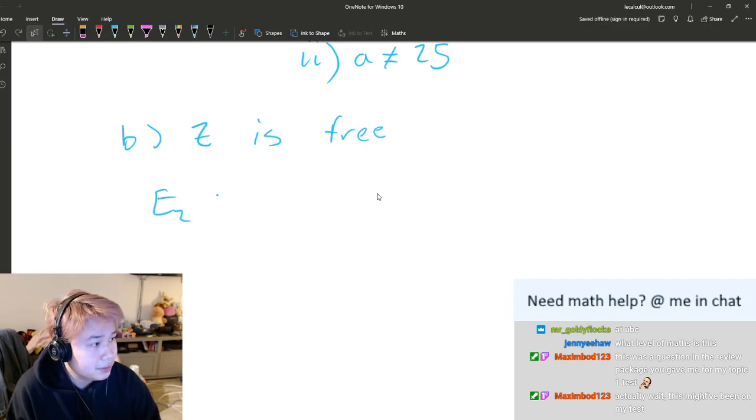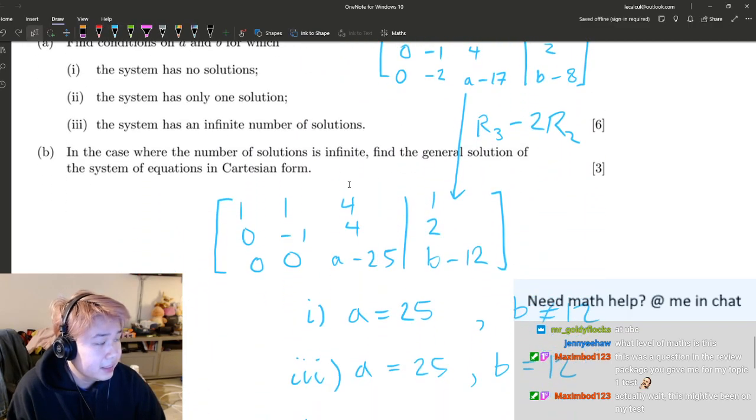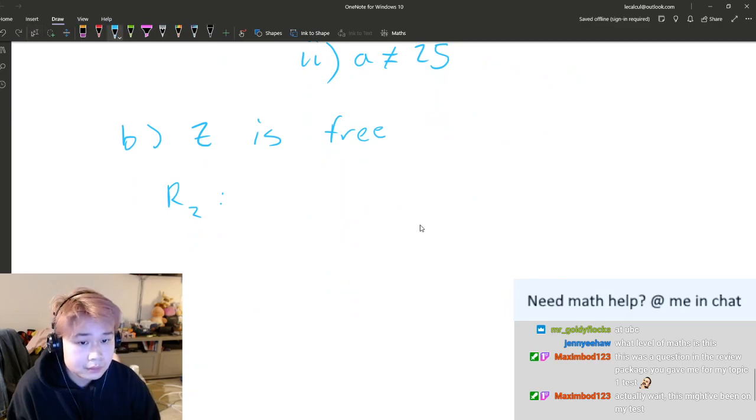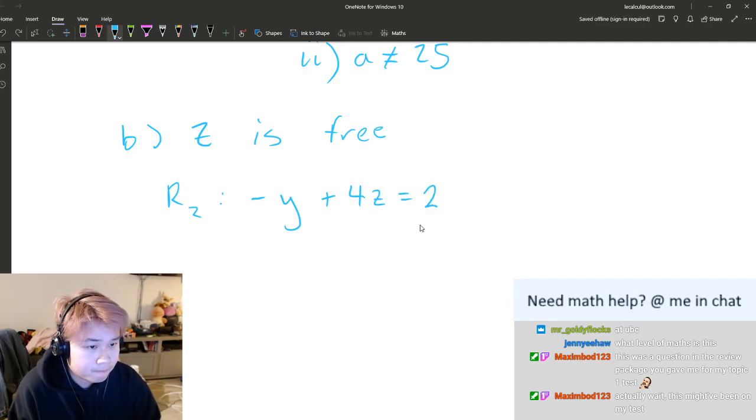So in equation 2, or row 2, let's see what it says. It says negative y plus 4z is equal to 2.